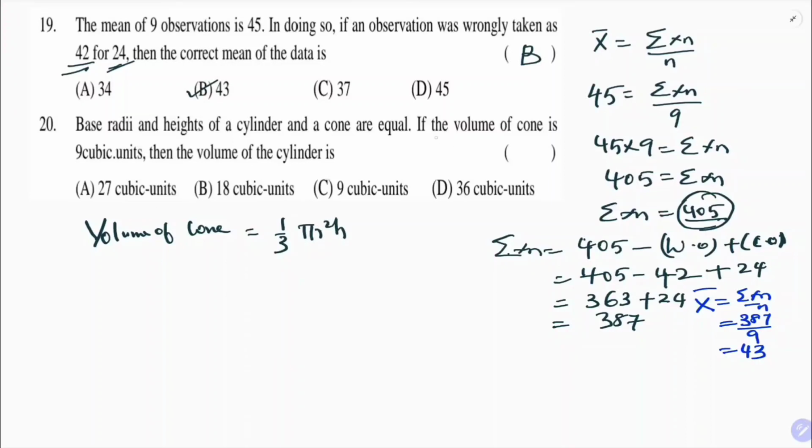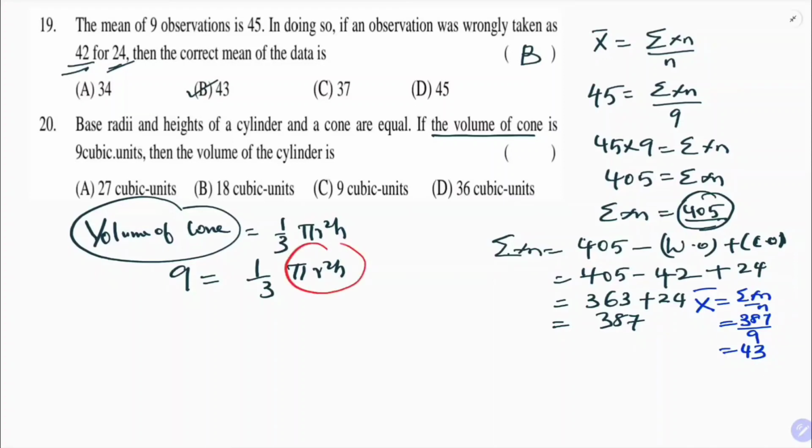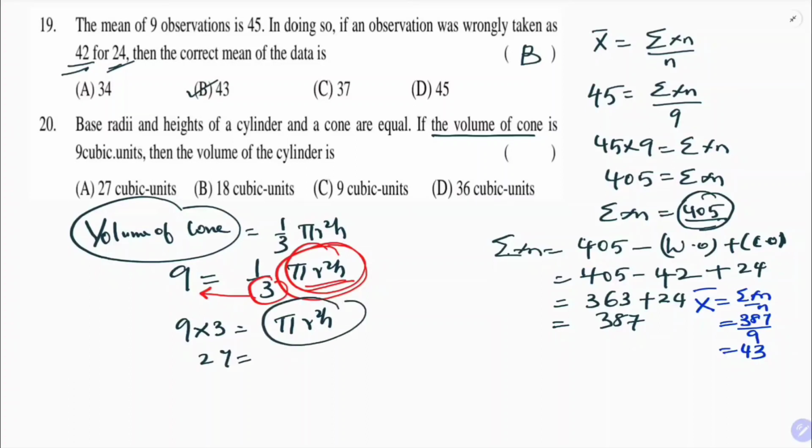Now volume of cone is 9, so 9 equals 1 by 3 pi r square h. Pi r square h is the volume of cylinder. Just transpose this 3 towards LHS, you'll get 9 times 3 is pi r square h, which is 27.